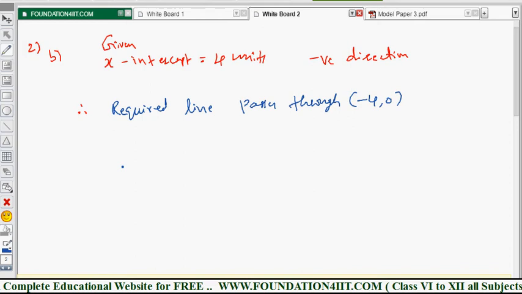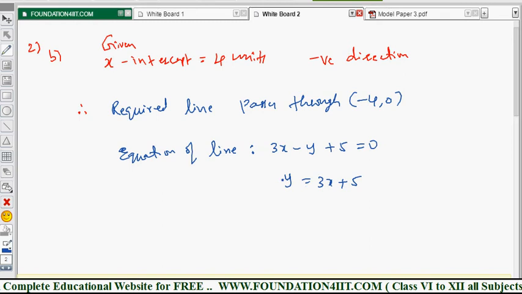And the given equation of the line is 3x minus y plus 5 equal to 0. Then from this, y is equal to 3x plus 5.